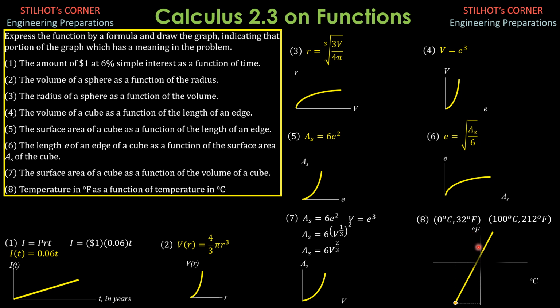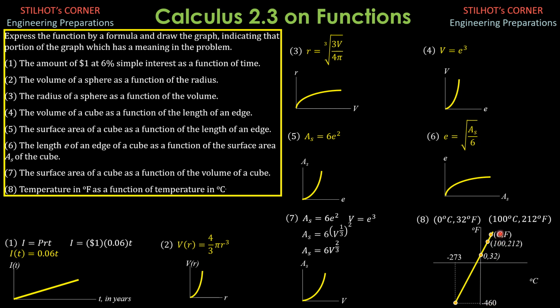So that's the plot. It's a straight line, and we have the point 0, 32 degrees Fahrenheit, and 100, 212 degrees Fahrenheit. And in general, we have a point here at C, F, and these values would be negative 273, negative 460.